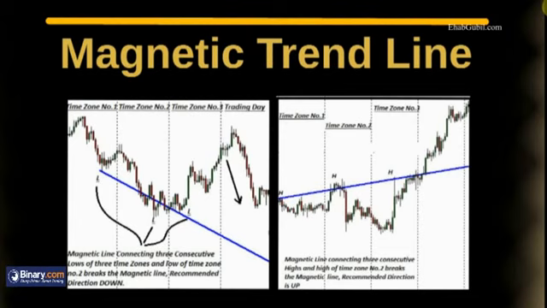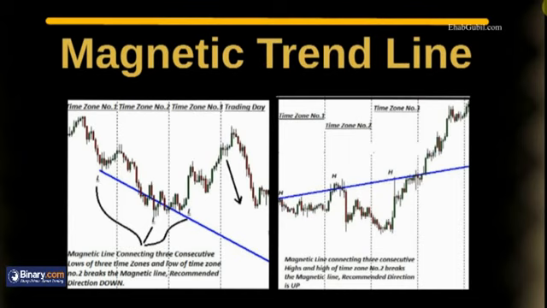A magnetic trend line has the same concept of attracting the price to it like the magnetic PF breakout. We have two types of magnetic lines: a bullish magnetic line that will move with the price up, and a bearish one that will attract the price down.